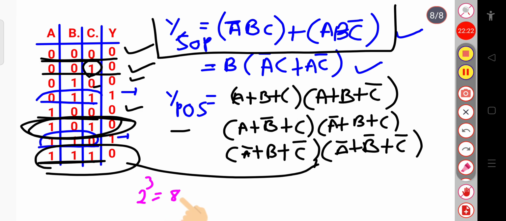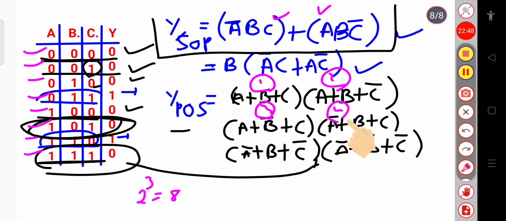For the 8 possibilities, you can check: 1 2 3 4 5 6 7 and 8. From that you can see that for SOP there are 2 terms available, so the other remaining 6 terms will definitely be in the POS. You can count: 1 2 3 4 5 and 6.